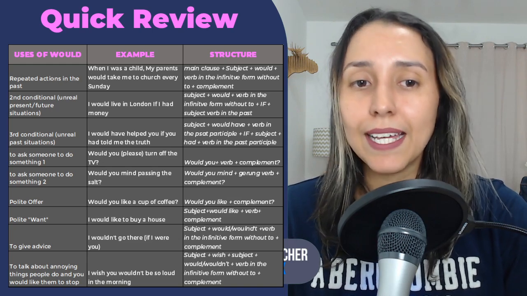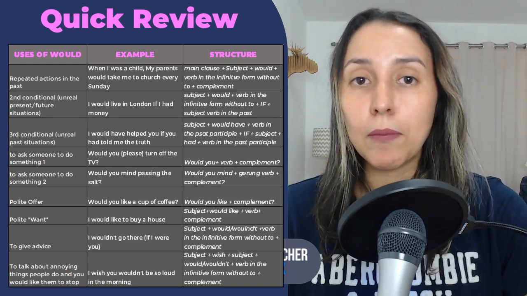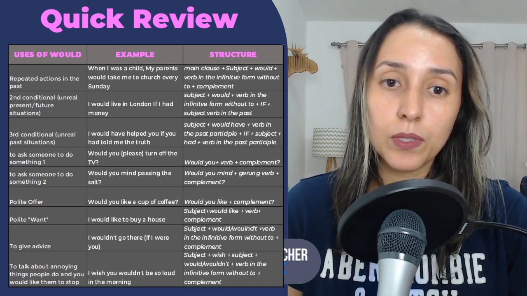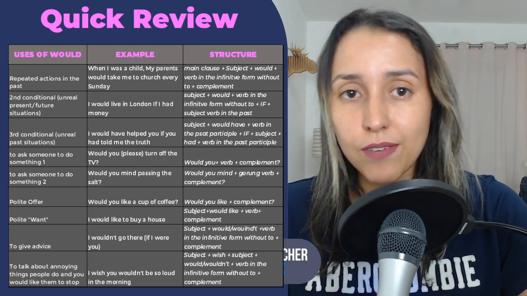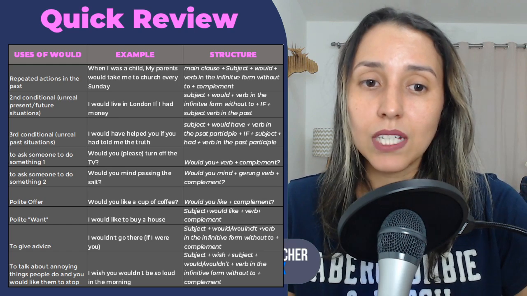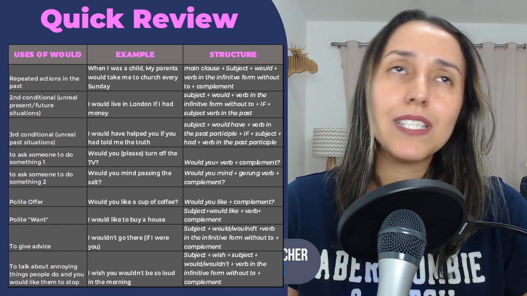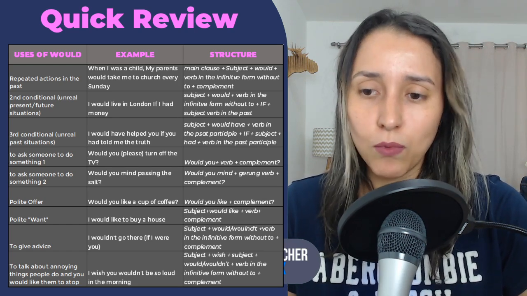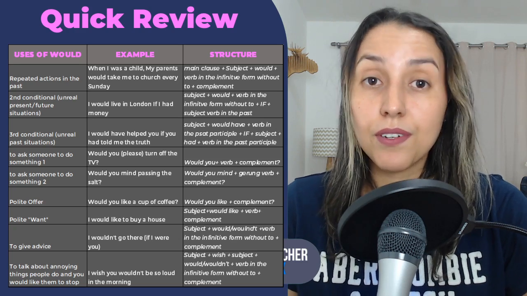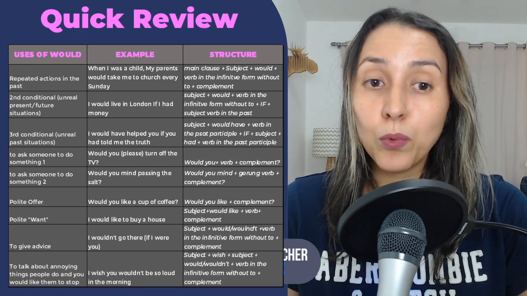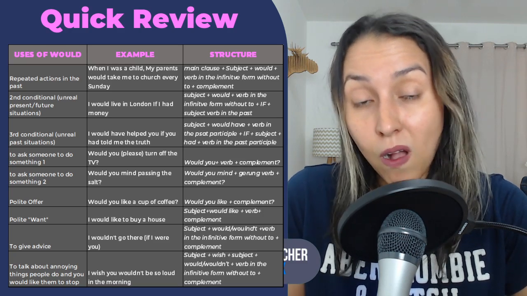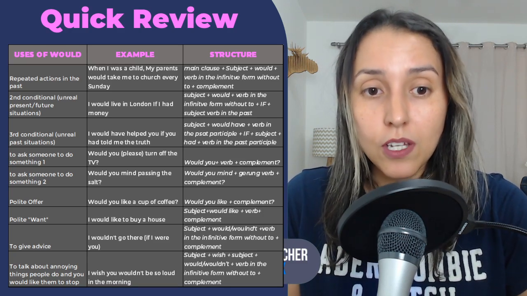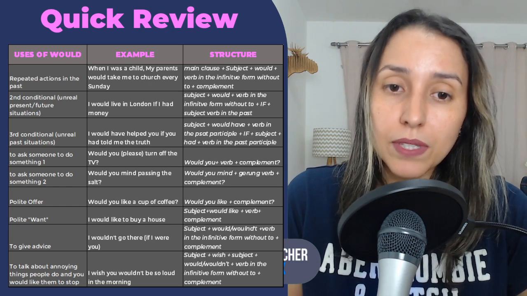So repeated actions in the past. My parents would read me a story when I was a child, or my parents would take me to church every Sunday. Second conditional. I would live in London if I had more money. Third conditional. I would have helped you if you had called me, but you didn't call me, so I couldn't help you. To ask someone to do something.